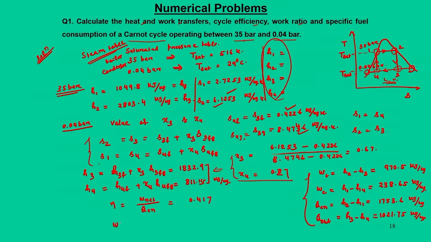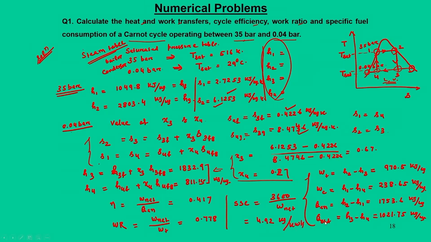Then work ratio, W net by W t, is 0.778, and SSC, specific steam consumption, that is 3600 by W net, gives 4.92 kg per kilowatt hour.